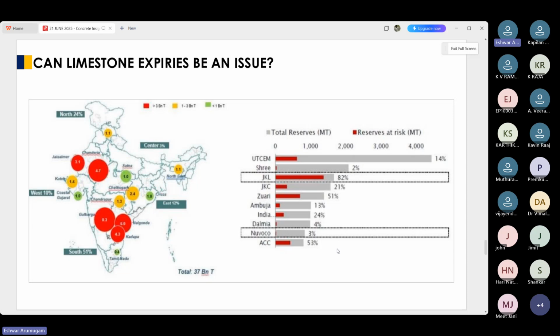But ACC has the support of their parent company, Adani, so they might weather the storm. Nuvoco and Shree Cement are fairly well placed, with only 2 and 3% of their limestone capacities expiring in the next 5 to 10 years. So yeah, limestone expiries can also be an issue.